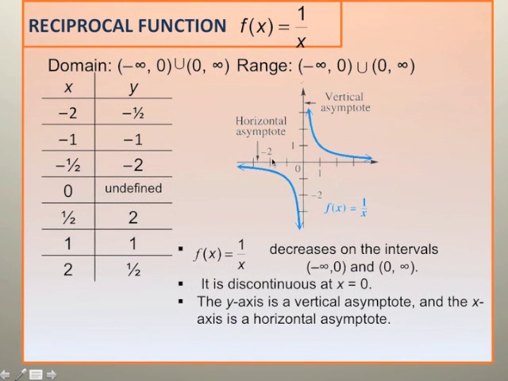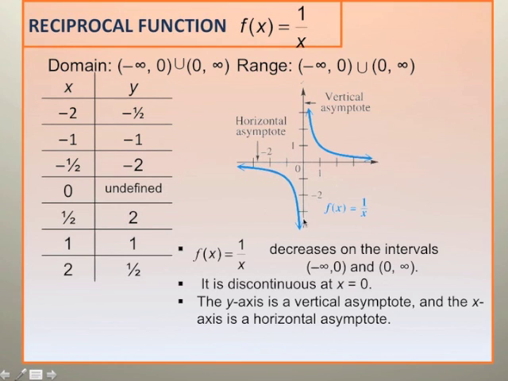So for the reciprocal function 1 over x, the domain, since x cannot equal 0, is from negative infinity to 0, union with 0 to infinity. The range, because of the horizontal asymptote, is also from negative infinity to 0, union with 0 to infinity. Some points here were used, and it's decreasing all the time except for the break where x equals 0.